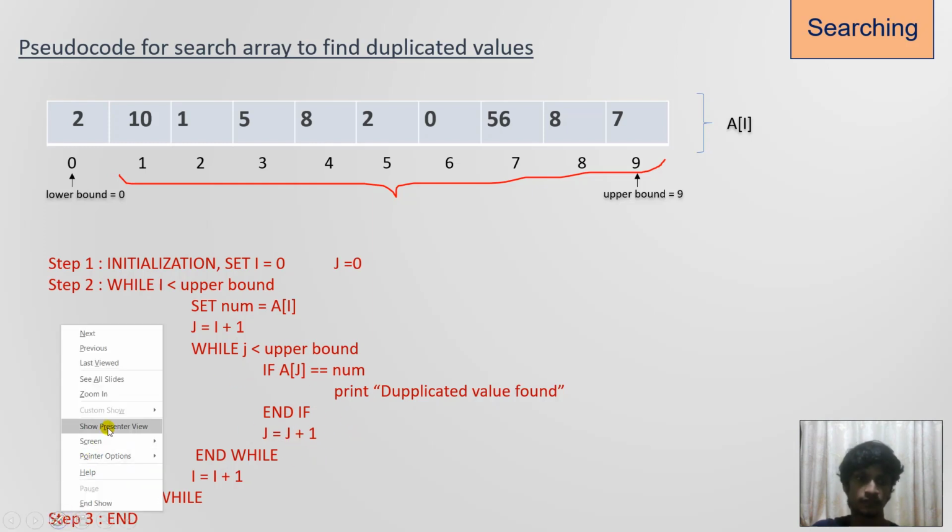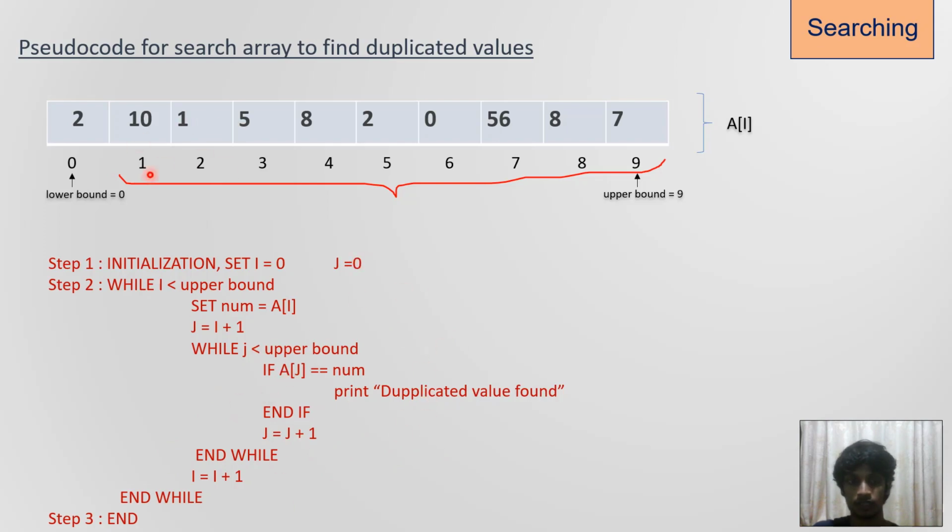To check that, we can simply perform this if statement. If we find a duplicated value, it will print a message saying duplicated value found. Otherwise it will not print anything, and j will simply be increased by 1. Then the while loop continues up to the upper bound.